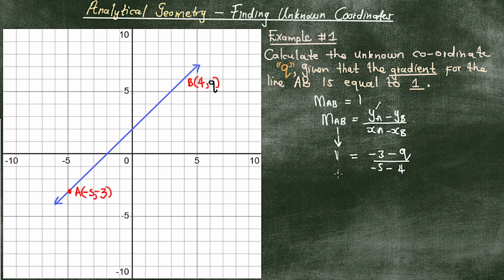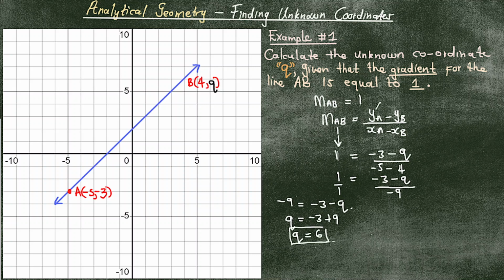Equal to minus 3 minus Q over minus 9, over 1. Cross multiply: minus 9 equal to minus 3 minus Q. Then Q comes over to this side, positive Q, and the 9 goes over that side, plus 9. So Q is equal to 6.